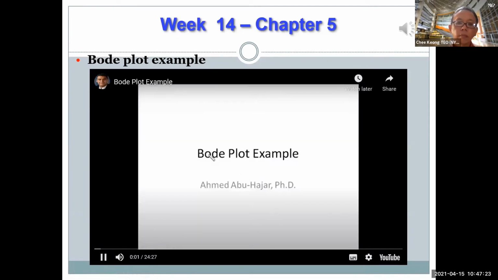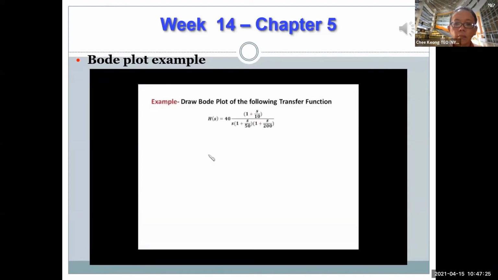All right, welcome folks. We're going to do a Bode plot example for our students here. So in this example, we are asking you to draw the Bode plot of the following transfer function, where I give you the transfer function here, H of s equal to 40 times 1 plus s over 10, over s times 1 plus s over 50 times 1 plus s over 200.